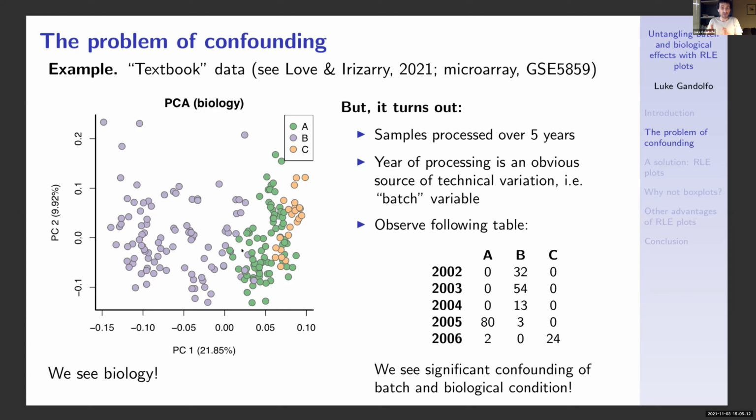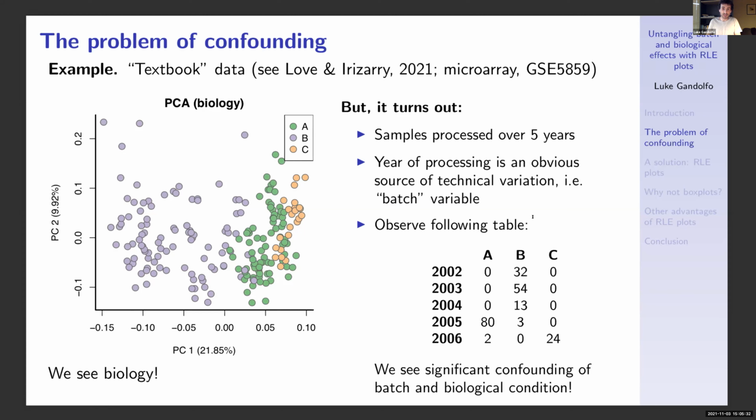But it turns out that these samples were actually processed over 5 years. And the year of processing is an obvious source of technical variation here. In other words, a batch variable. Now, with that in mind, observe the following table.